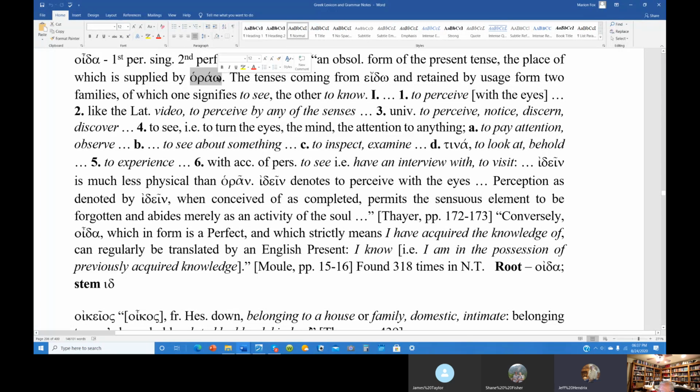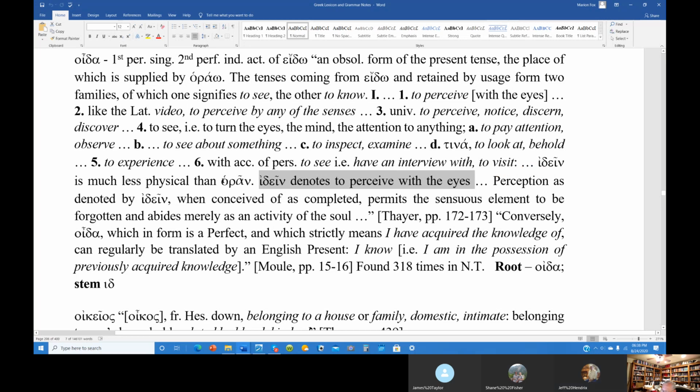So in the present tense, it's more of seeing with the eyes. But this is to see with the eye of the mind. Eido is. Think of it in that way. All right. Now, what happens is the authorities tell us idein, that's your infinitive form, is to perceive with the eyes.